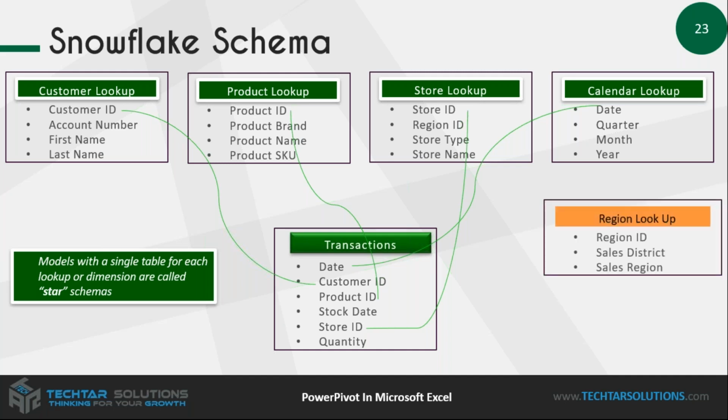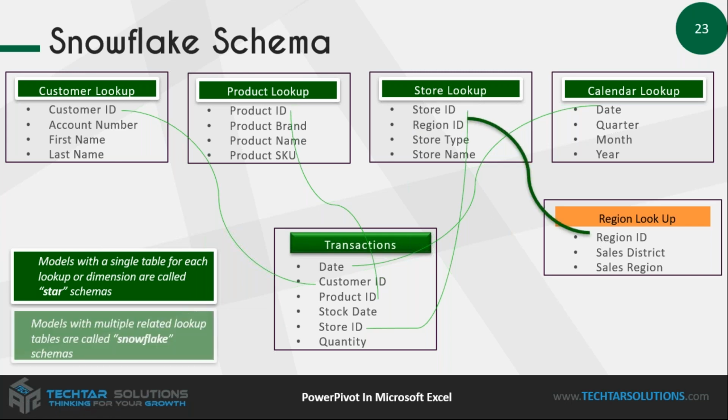Up till now, a model with a single table for each lookup or dimension is called star schema. Now I have another lookup table for the region, and with this region lookup table, I want to establish a relationship with the store lookup table, since I have the region IDs available in the store lookup. So this type of relation or schema is known as snowflake schema. So what is snowflake schema?